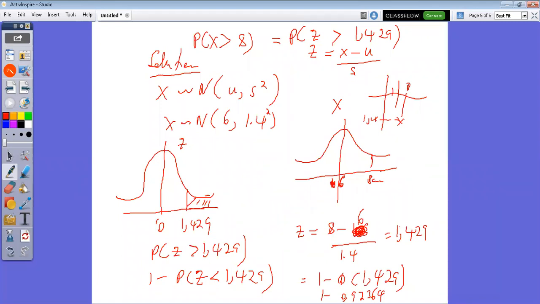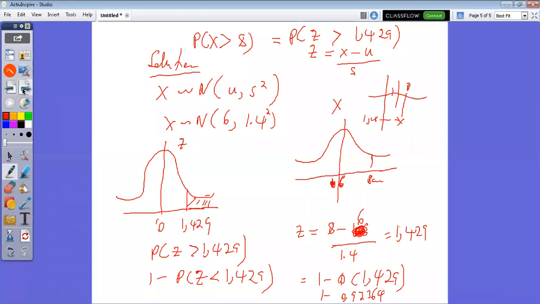Now we together. Clear? I got a different value. I said it might be slightly different. That's what I said.